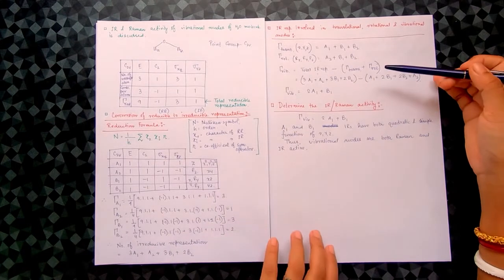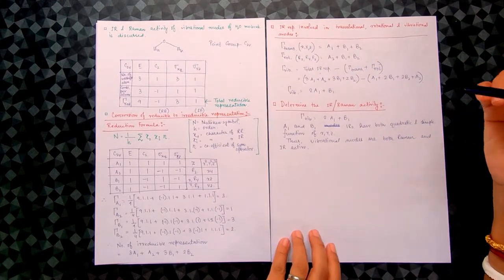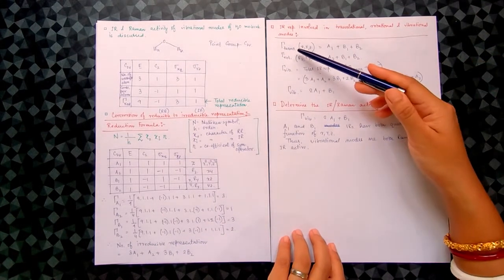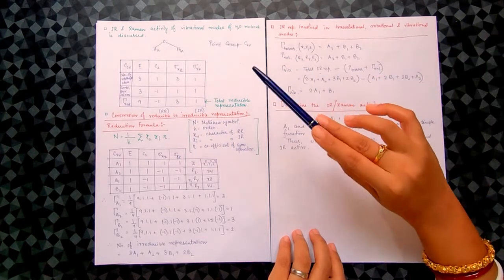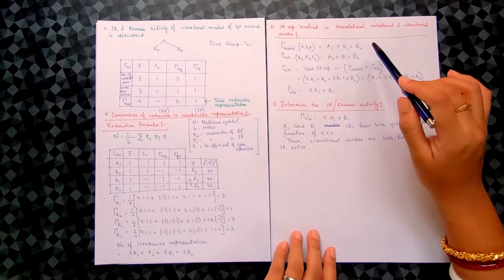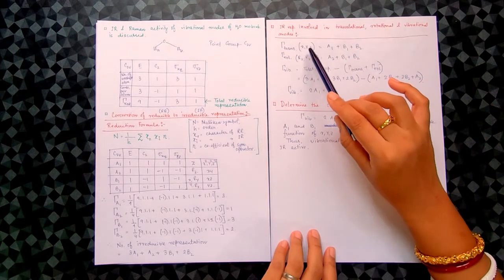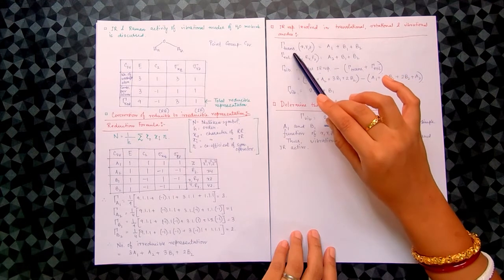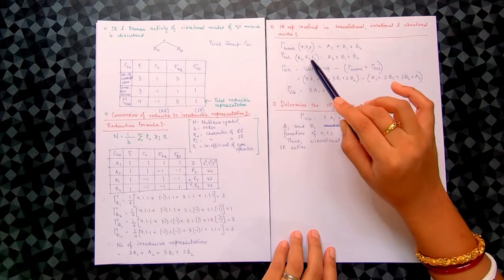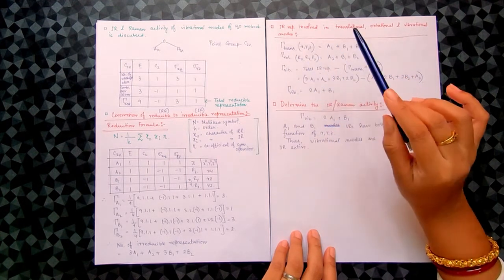Next thing, we have to determine the irreducible representation for translational, rotational and vibrational modes of this particular H2O molecule. So we know that x, y, z functions are related to translational mode, and Rx, Ry, Rz are related to rotational mode.